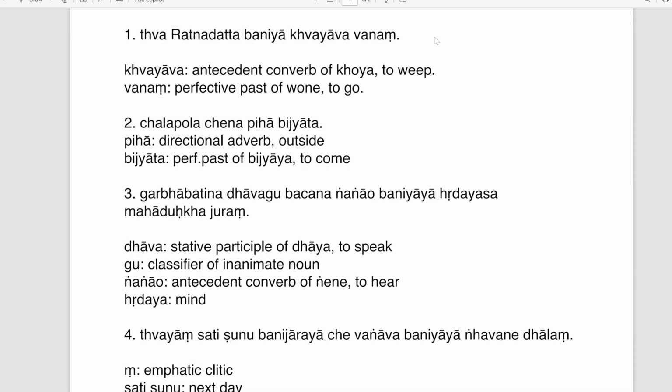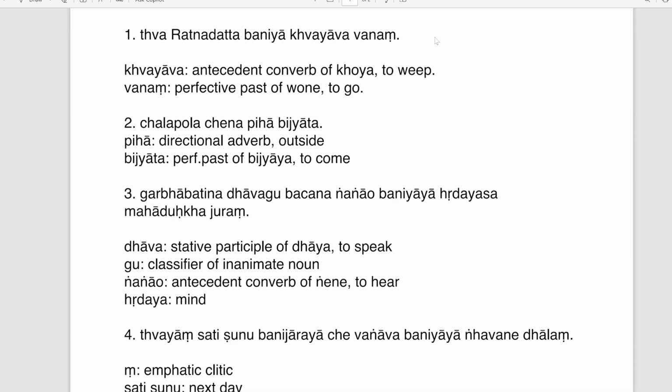I would say Vanam can be an auxiliary word, but in this context, it could also be like he went while crying, with a crying face. The antecedent should be after crying, after weeping.